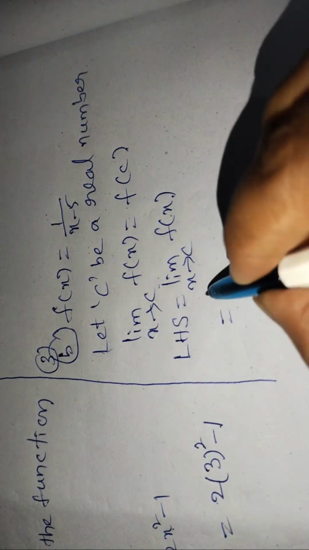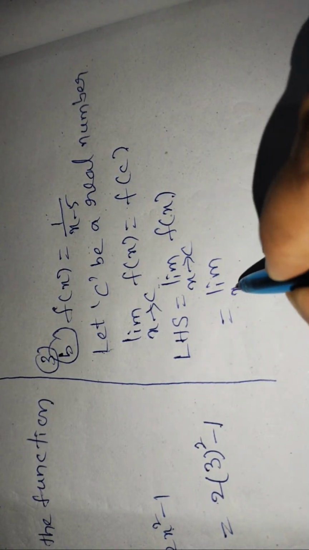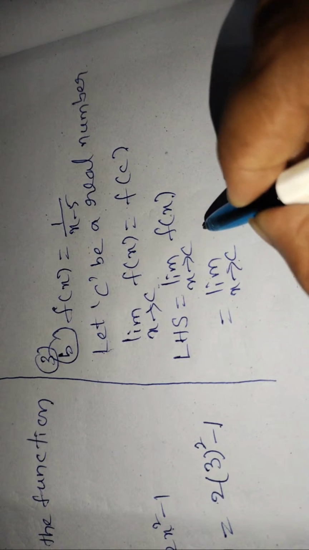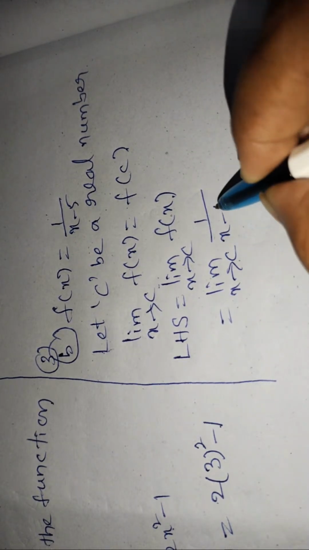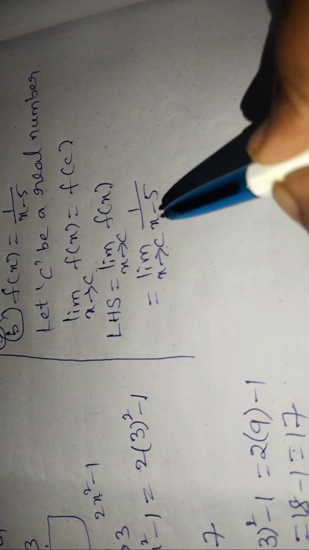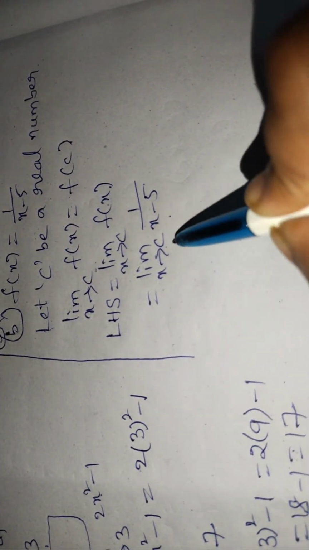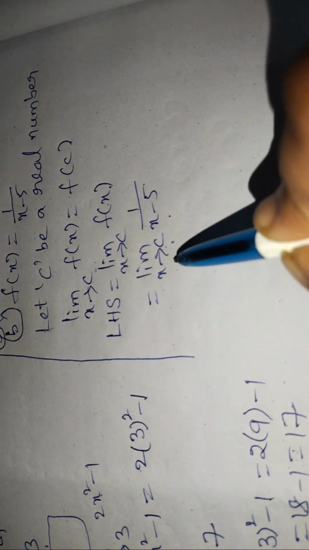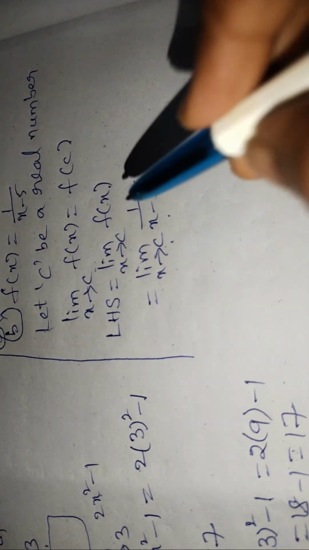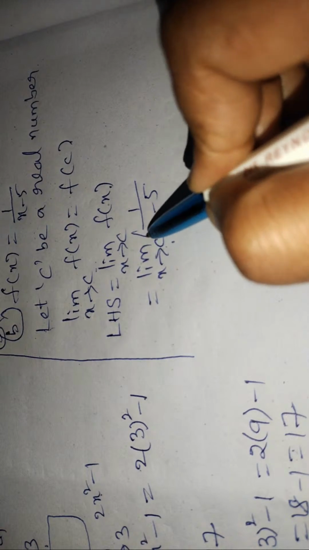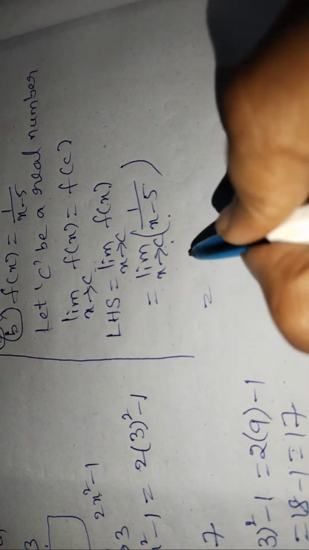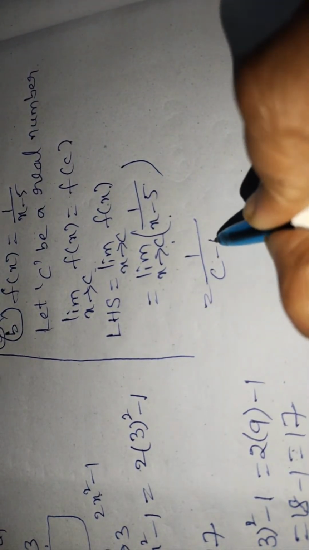So I will write here limit x tends to c, f of x is 1 by x minus 5. Next, I will replace x by c. Here limit is x tends to c. So I will write c value in the place of x. Then I will get 1 by c minus 5.